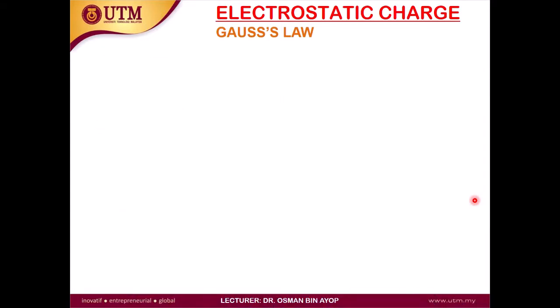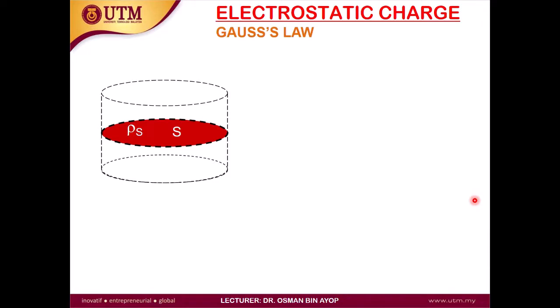Next, let's say the surface charge density is rho s, and our surface is S. So we have to analyze this cylinder form. The top surface is S1, the bottom surface is S2, and the side surface is S3.